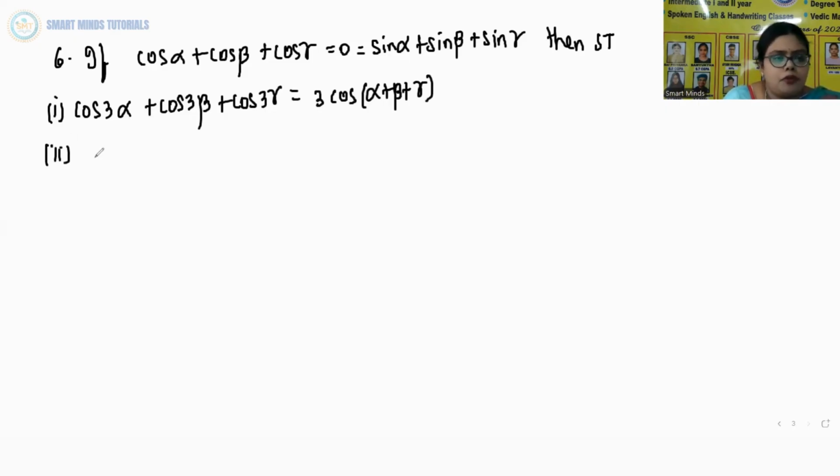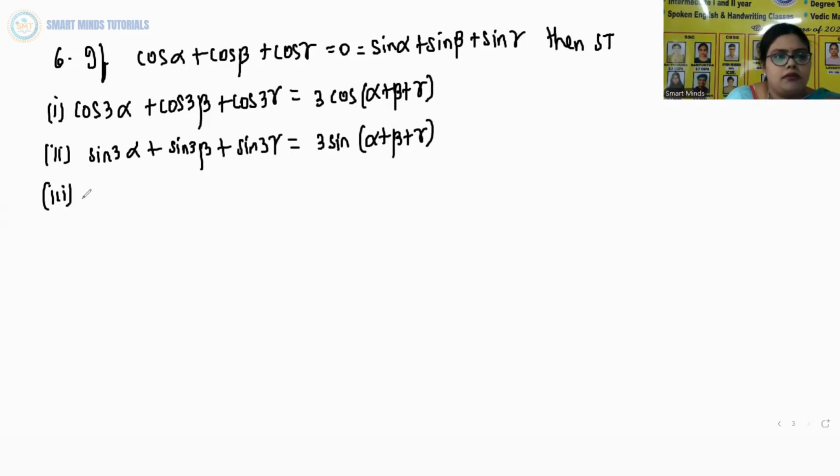Second bit you need to prove: sin 3 alpha plus sin 3 beta plus sin 3 gamma is equal to 3 sin(alpha plus beta plus gamma).